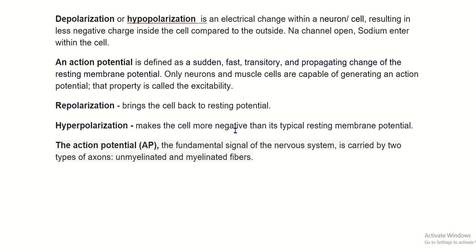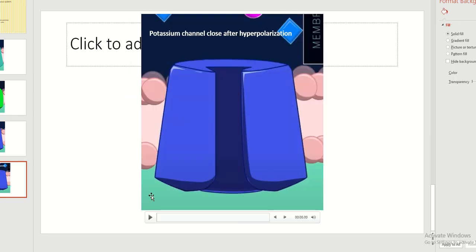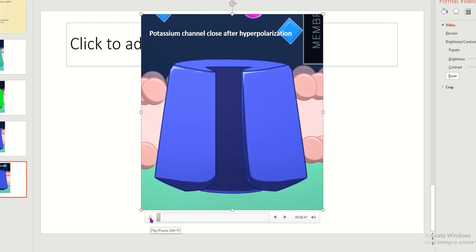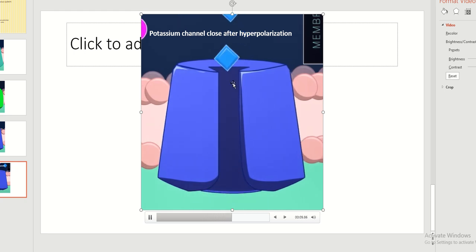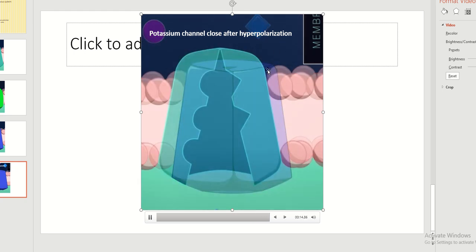When the potassium channel is open for more time, this causes more negativity within the cell. So the potassium channel is still open after resting membrane potential, and it is closed after hyperpolarization.